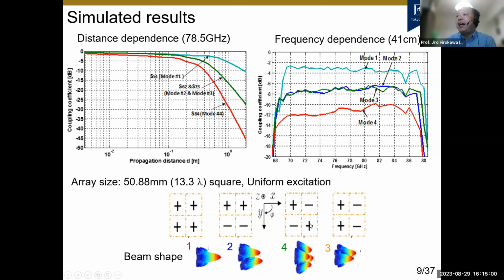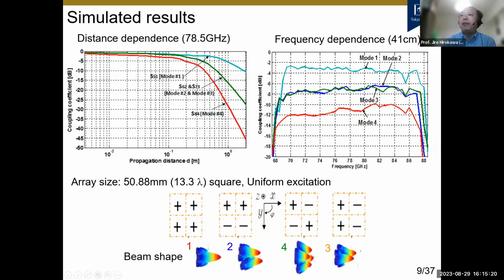Two subarrays in the oblique direction are fed in positive phase, and the other two subarrays are fed in negative phase.